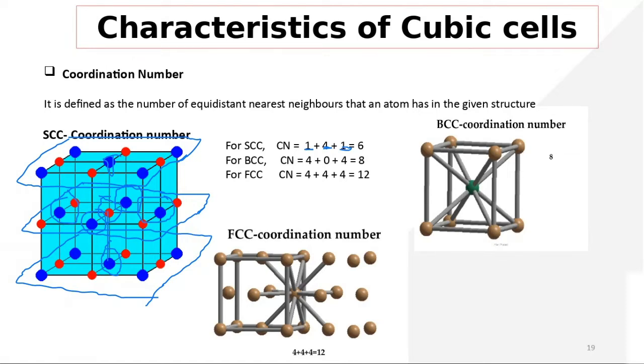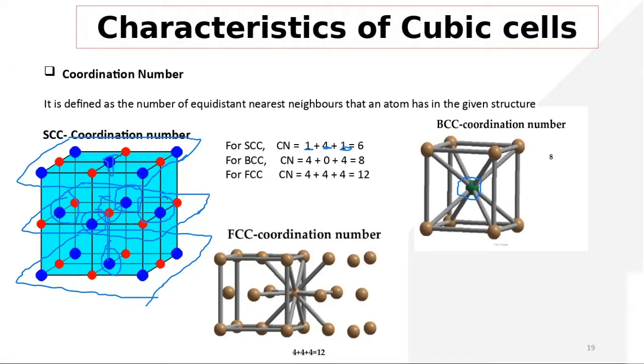And now what about the BCC structure? We know that in the BCC structure, we have an atom at the center of the body. How many atoms are equidistant from this atom? Yes, 8, it is written here.